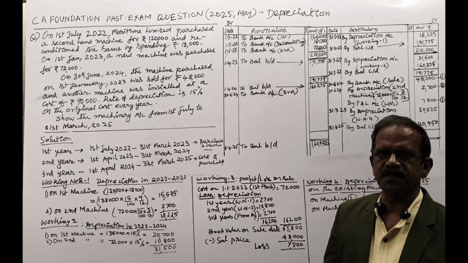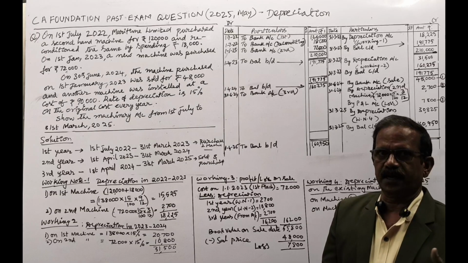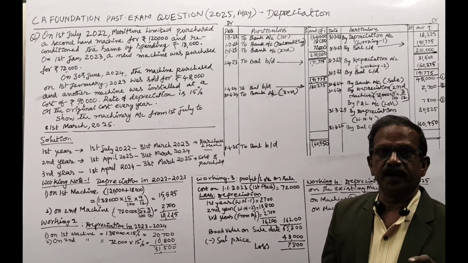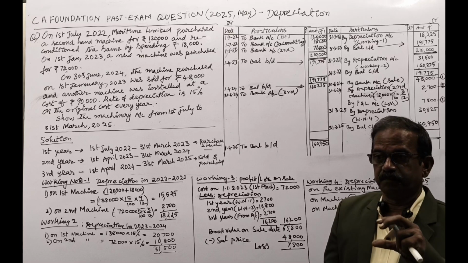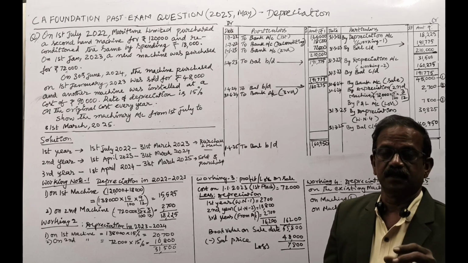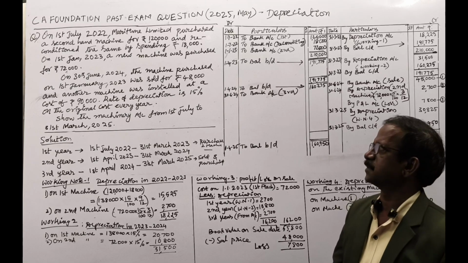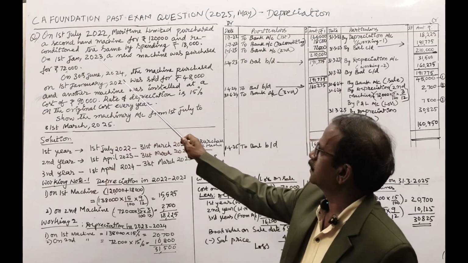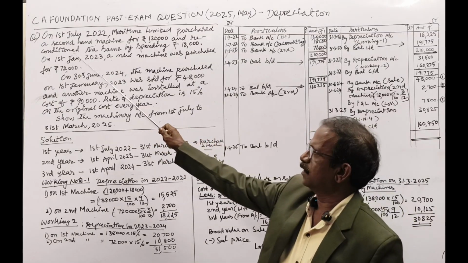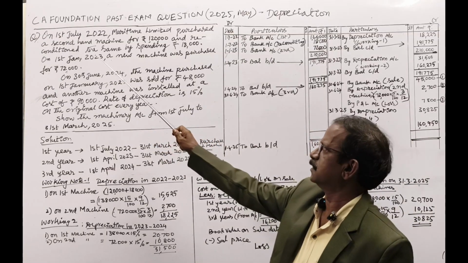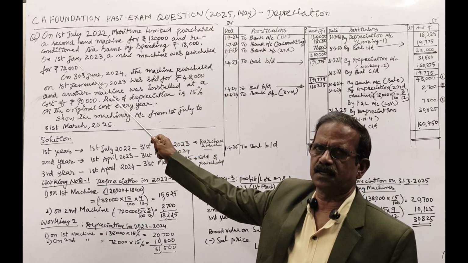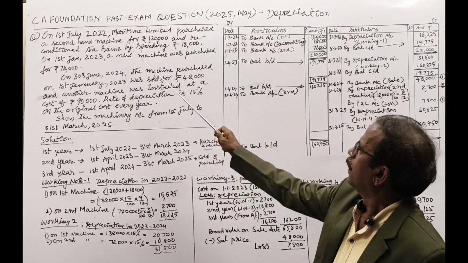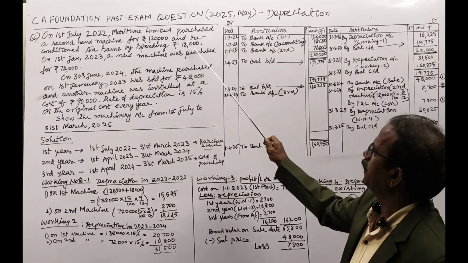That's why they have spent some amount for reconditioning, means to make it perfect to work according to our requirements. Those reconditioning charges, you can say these are all overhauling charges. Sometimes overhauling charges are given like this. By spending 18,000.